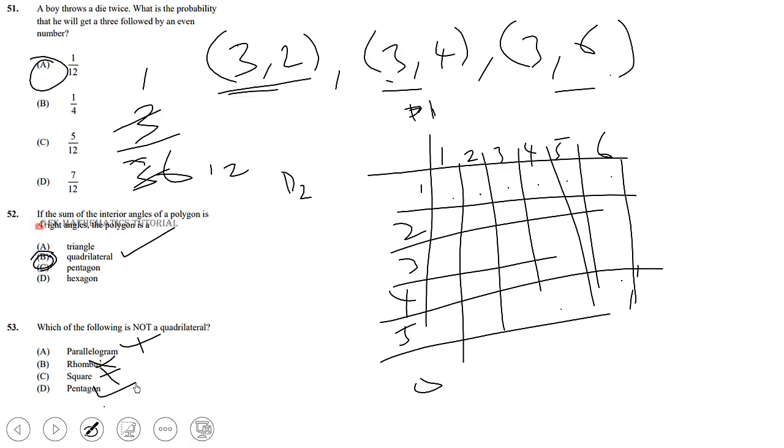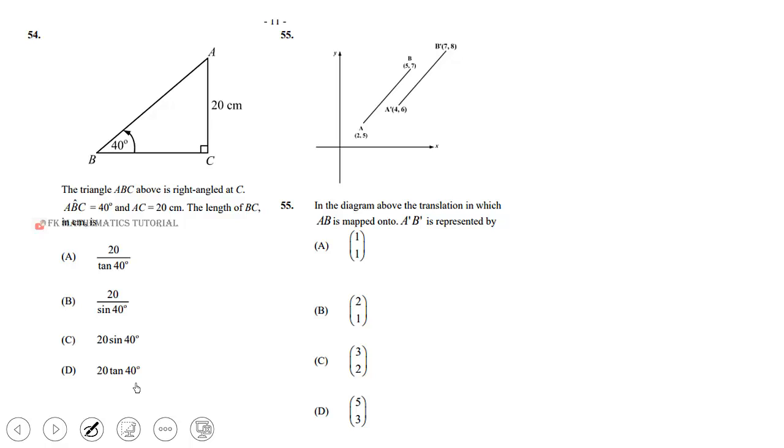Then let's look at 54. The triangle ABC above is right angled at C. Angle ABC is 40 and AC is 20 centimeters. The length of BC is, so use the trigonometry. The trigonometry that will involve opposite and adjacent, which is the BC, is tan.